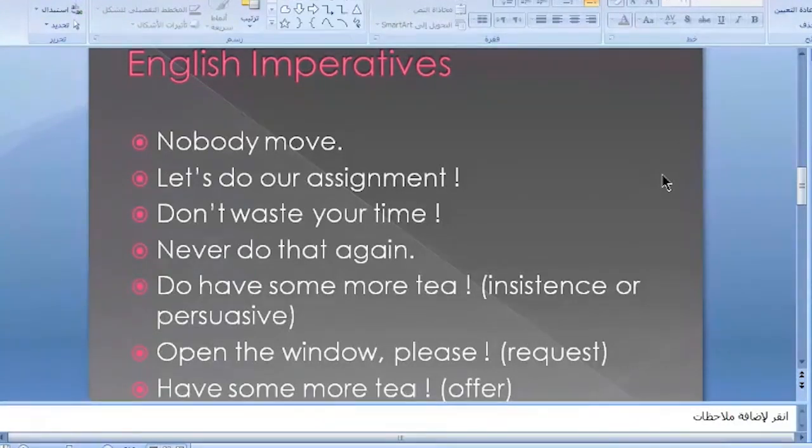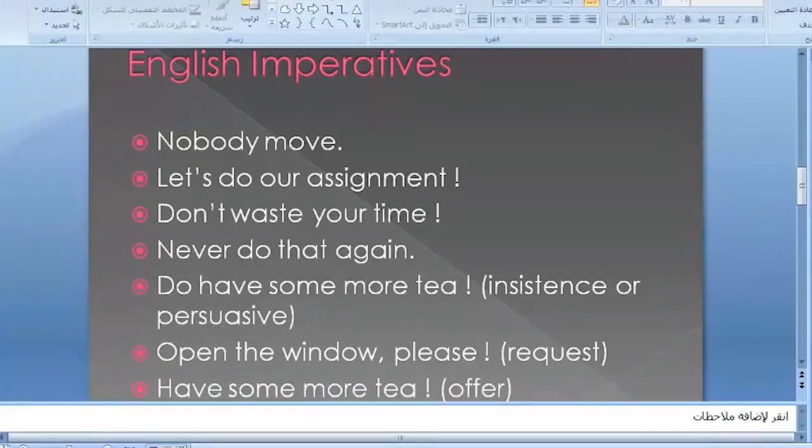In the first example, when I say, nobody move, first, this is an order. Second, it is negative. I want to express my irritation, my annoyance, for the movement of the people in front of me. I want to warn them not to move. That's why I say, nobody move.